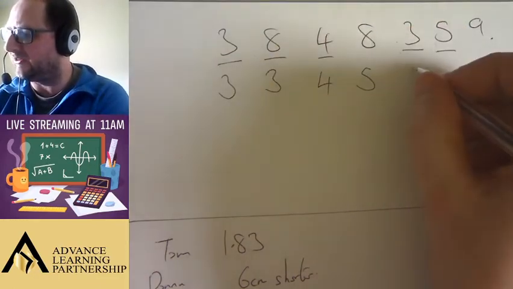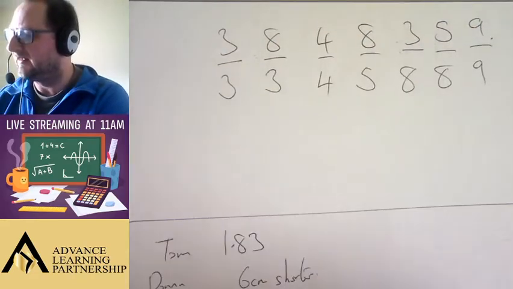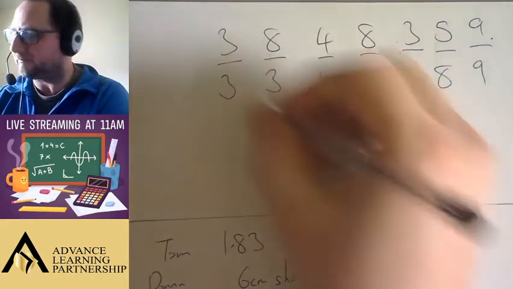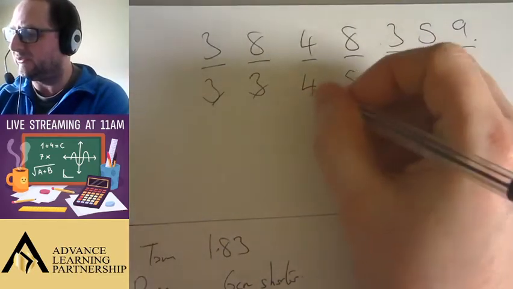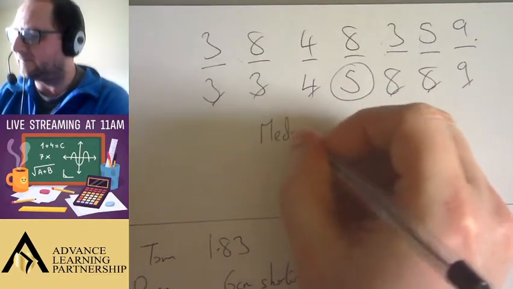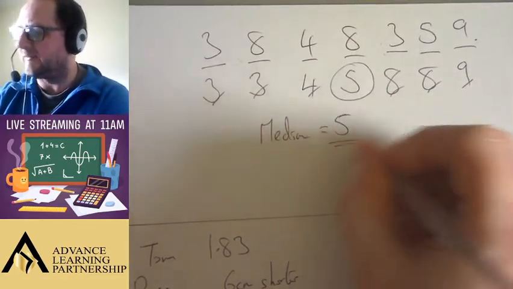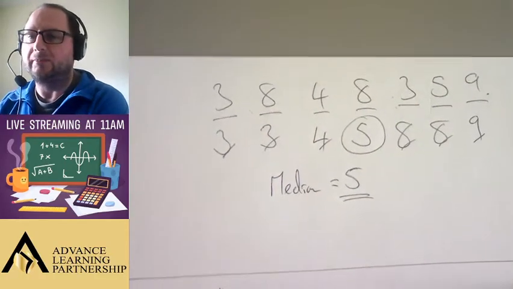There's no 6 or 7, but there's an 8. There's another 8 and there's a 9. And now, of course, smallest and largest, smallest and largest, smallest and largest, and there's the centre. So the median is 5. And because it was an odd data set, we were always going to get an exact number.